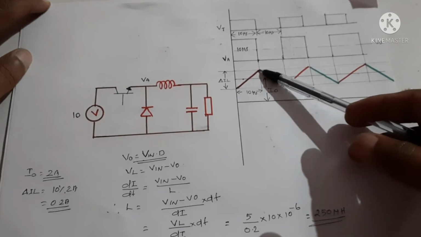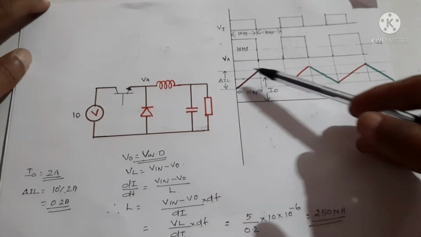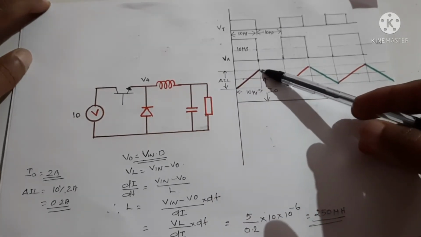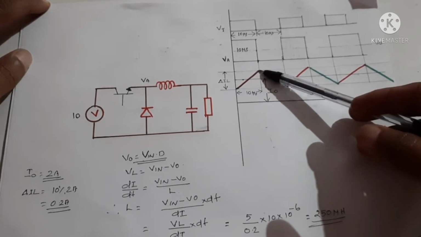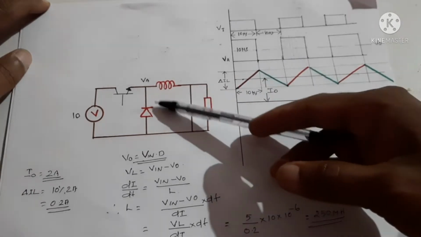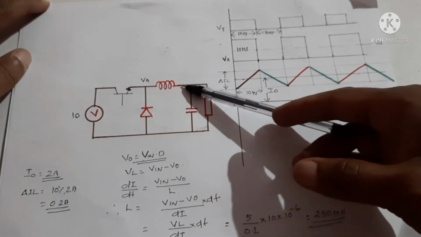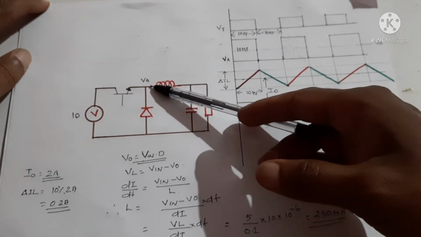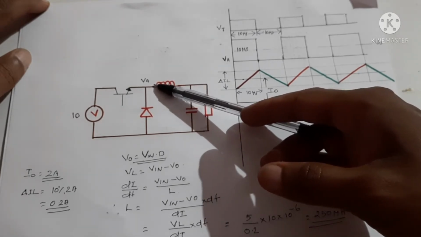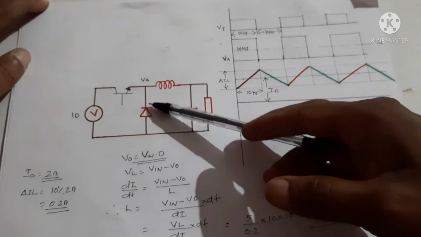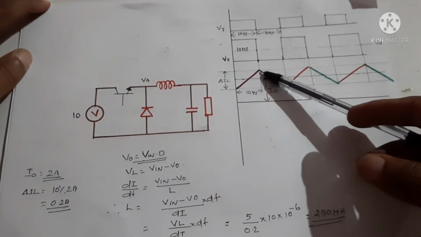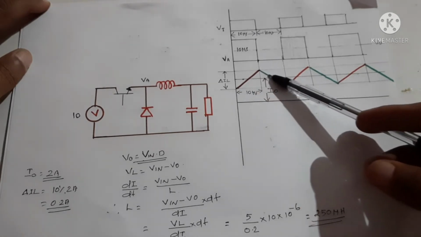After 10 microseconds, when the switch is off, the inductor has energy. As the inductor does not want the current to stop immediately, it reverses its polarity, and now this side becomes minus and this side becomes plus, and it begins to freewheel the current through it. So this is the freewheeling time.